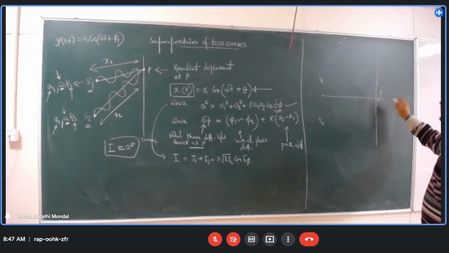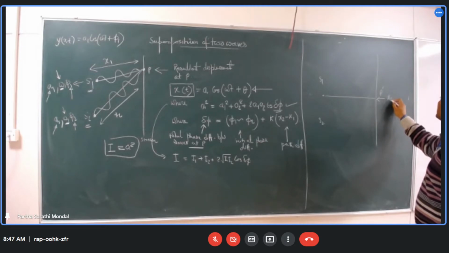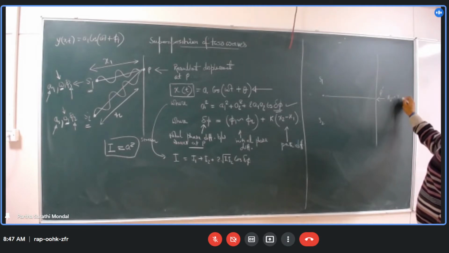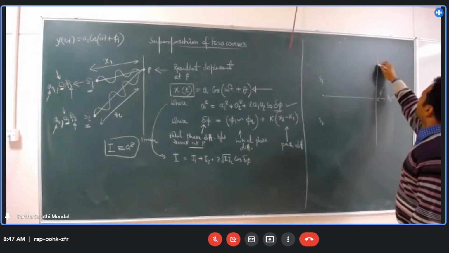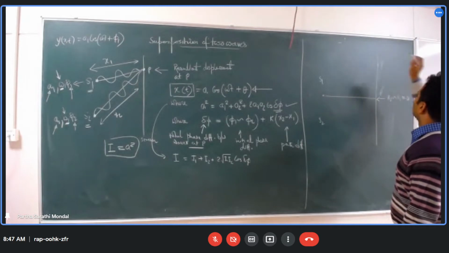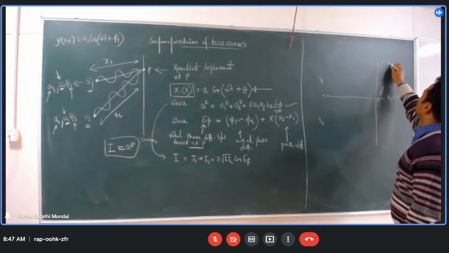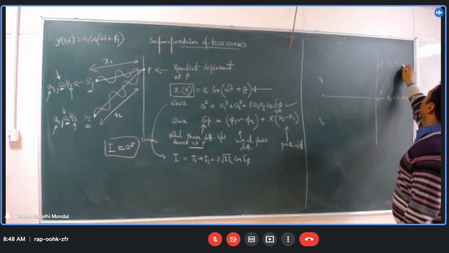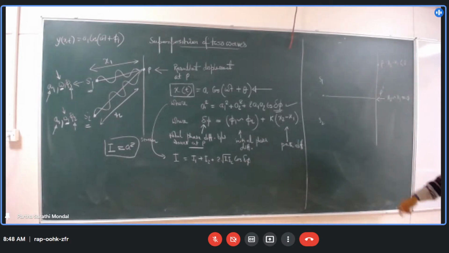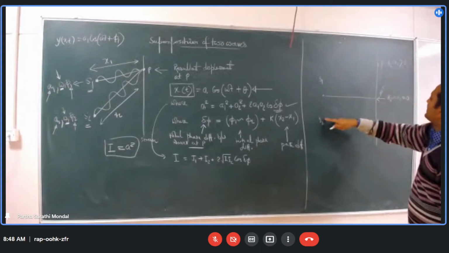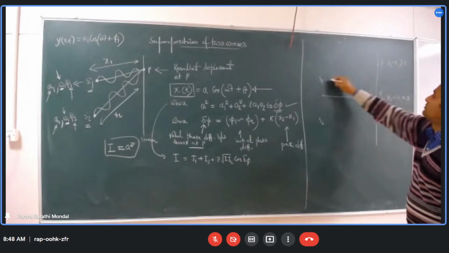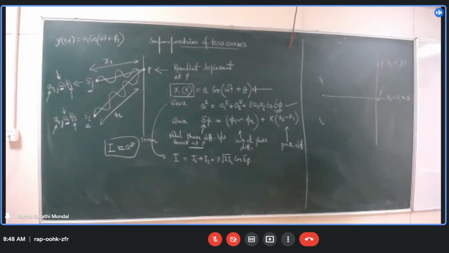So what is the value of x2 minus x1? It is 0, because they are equidistant. Now if I take a point here, P, then x2 minus x1 will be less than 0, because x2 is not and x1 is smaller here.